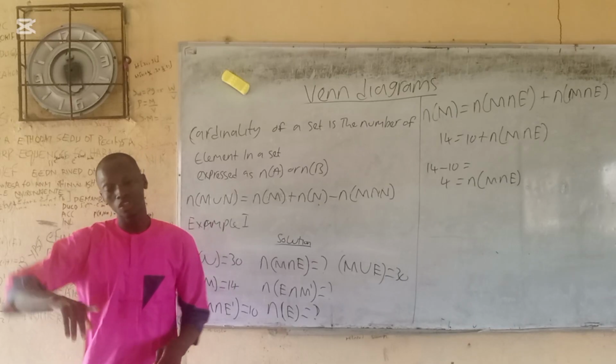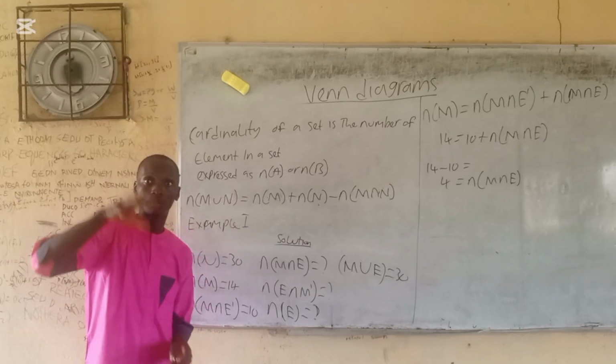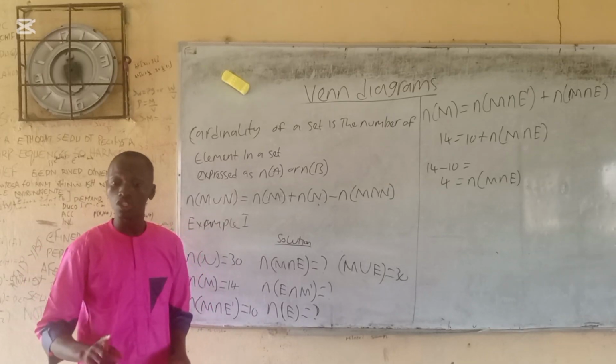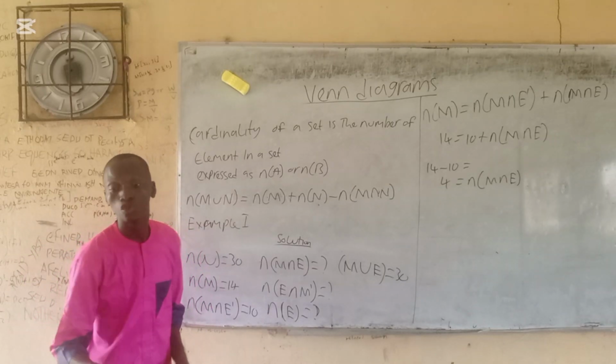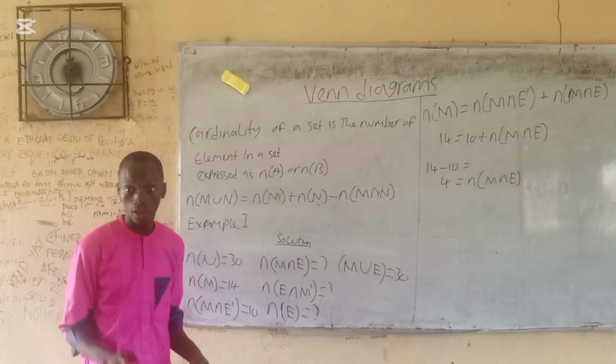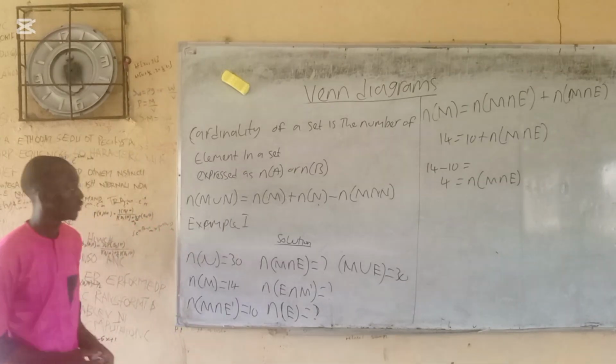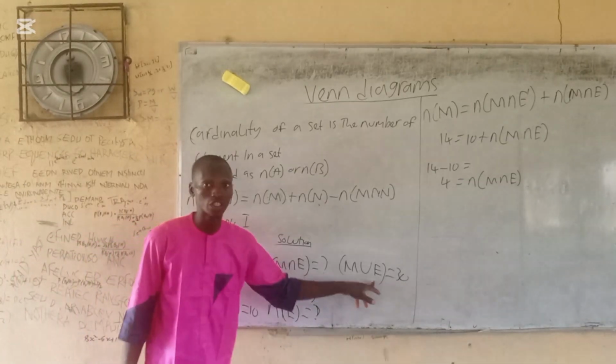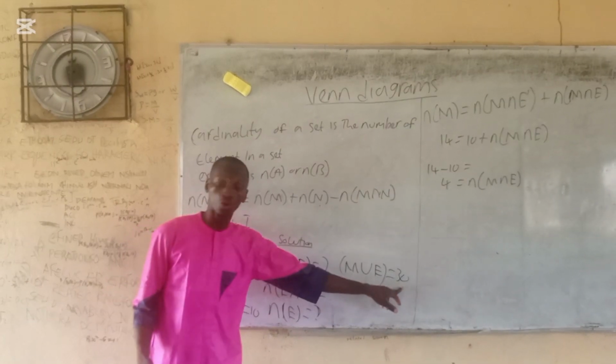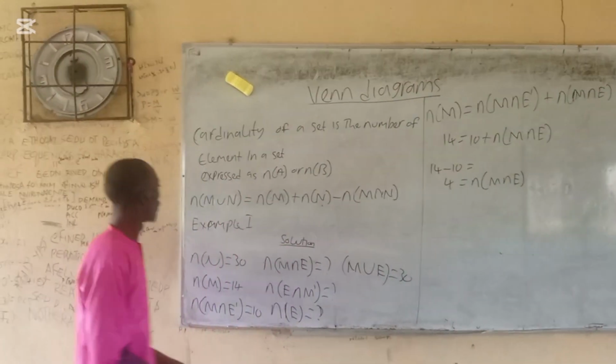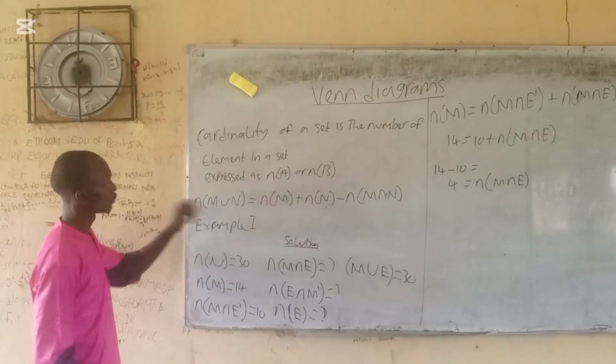They say all of them, out of the 30 students, either do mathematics or economics. Are you getting me? Okay. So my union of the set must equal 30.